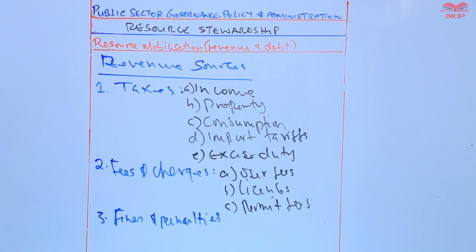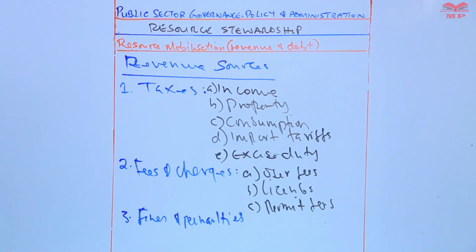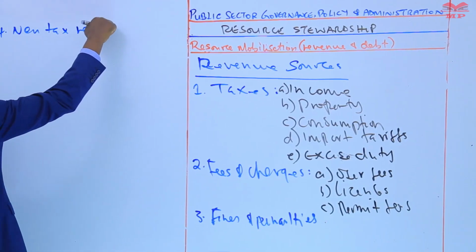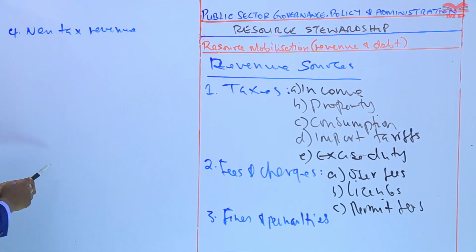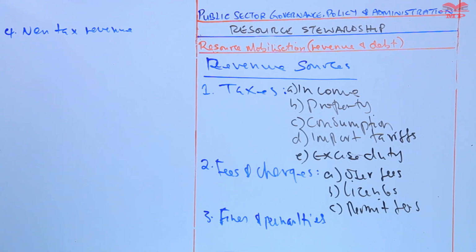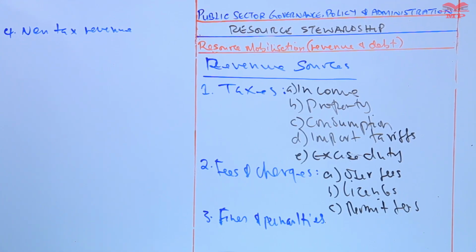Then we have 4, non-tax revenue. The government may also raise money, but not from taxes, but from other sources. This includes income from government-owned enterprises like utilities, natural resource extraction, investments, or sale of assets.